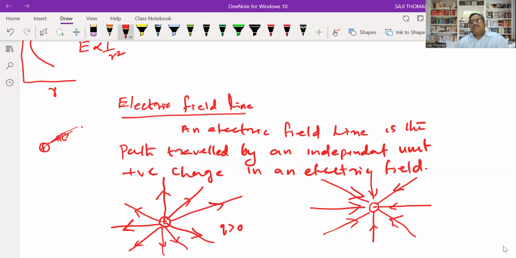Straight lines. This is for an isolated negative charge. We can write this as Q less than 0.